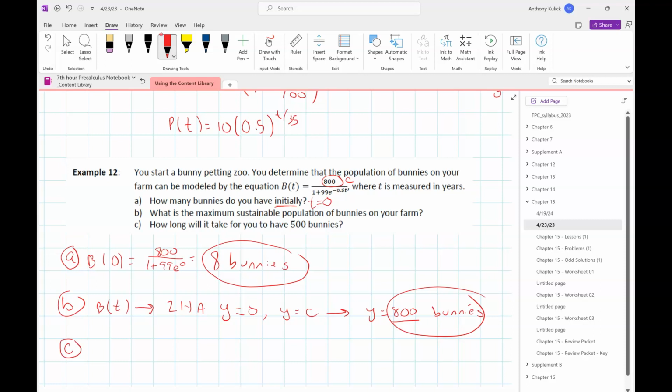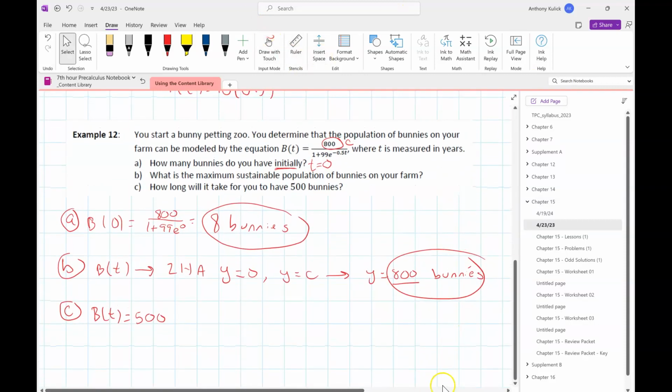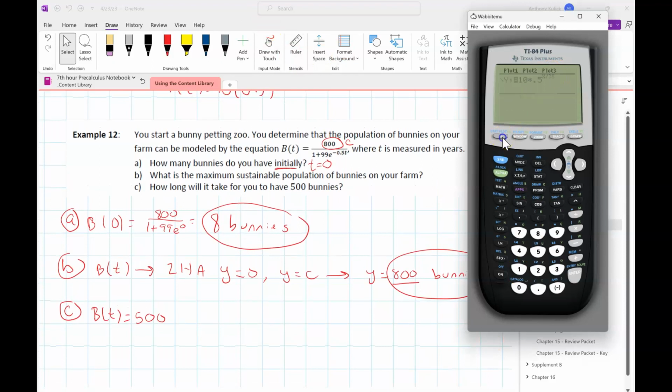And then part C says, how long will it take to have 500 bunnies? So all I really need to do is solve for B of t equal 500. Again, to do that, I'm going to be using my calculator. Alpha y equals, first fraction option.